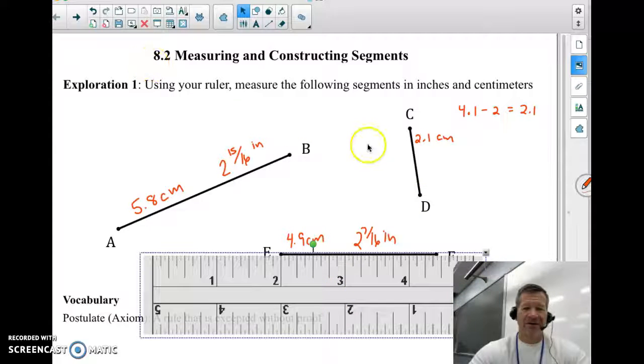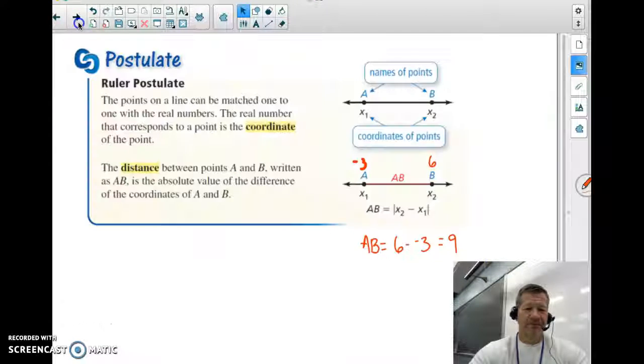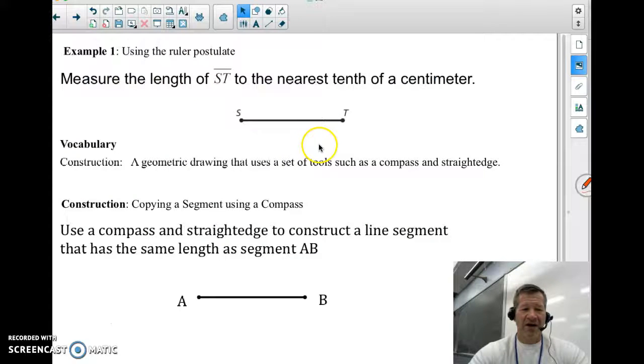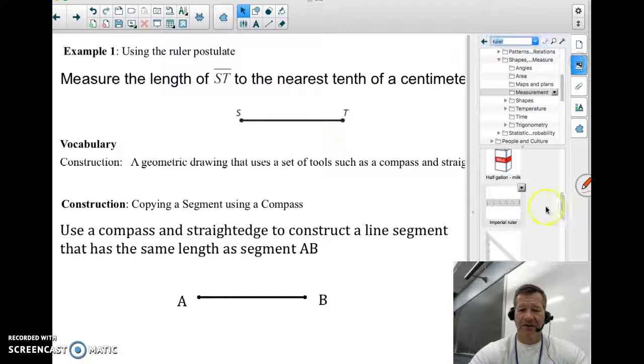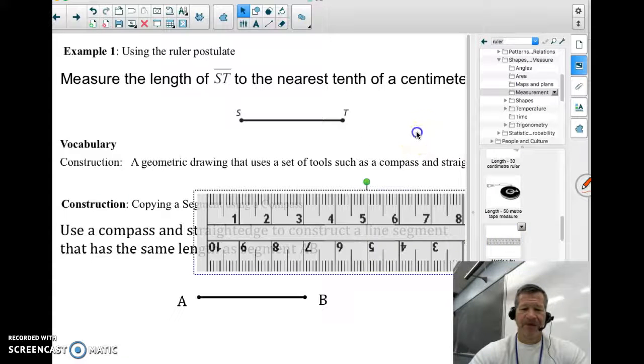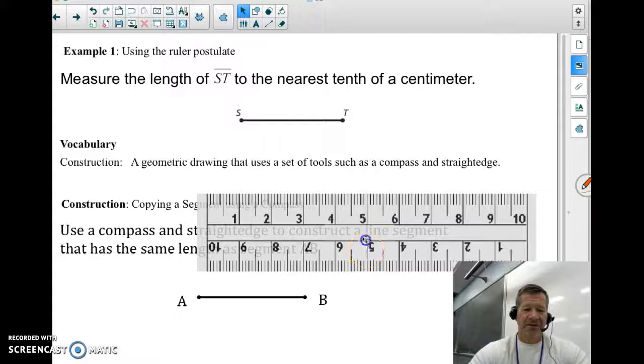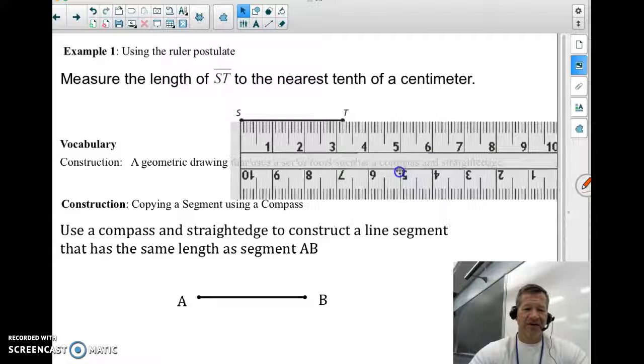Now, let me go to example 1, same kind of thing. Measure to the nearest tenth of a centimeter. Let me grab my centimeter ruler back. Here it is. Grab my metric ruler, and let's come up to here. Let's put it on the end this time.